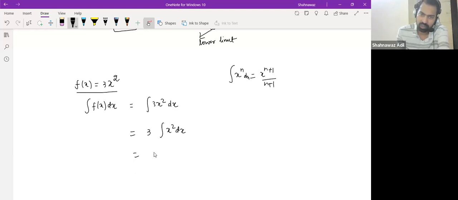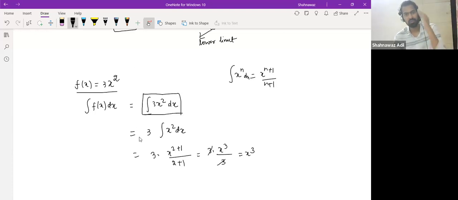So this would be 3 into x^(2+1) divided by 2+1. So this is 3x cubed by 3. You see that there was no limit on the integral. So this would be the answer.